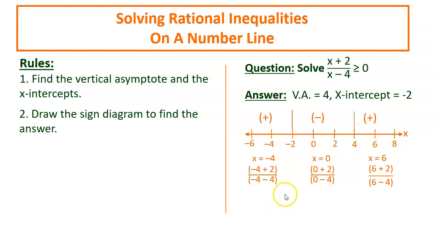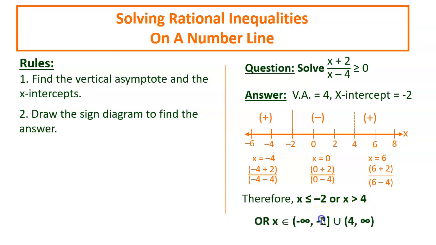Now, coming to the final answer: x is less than or equal to negative 2 or x is greater than 4. This is the answer written in inequality form. If we want to write the same answer in interval notation, x belongs to negative infinity, because you may move to the left as much as you want, towards negative infinity.